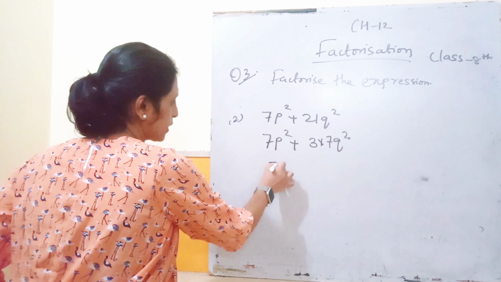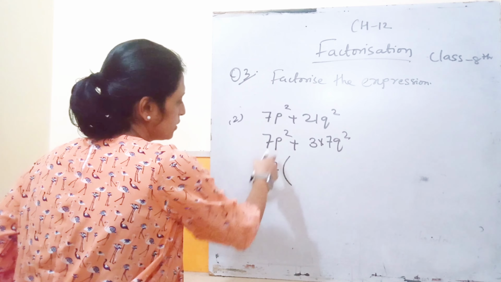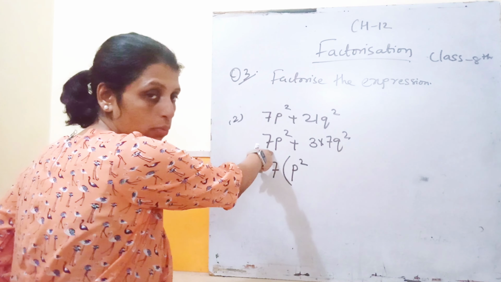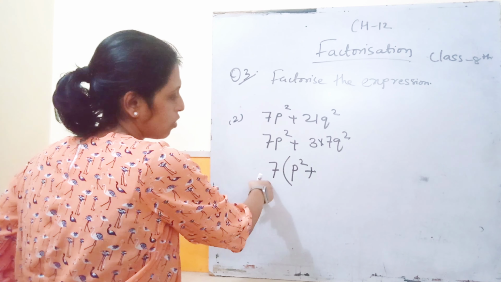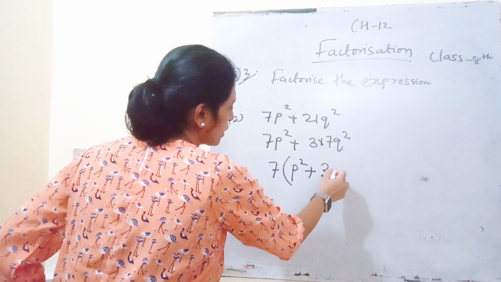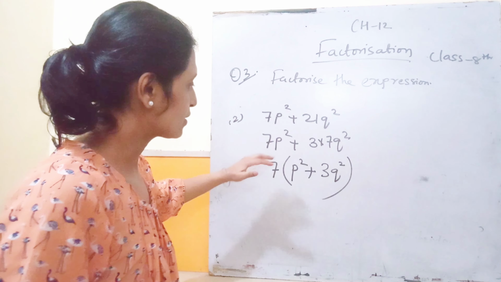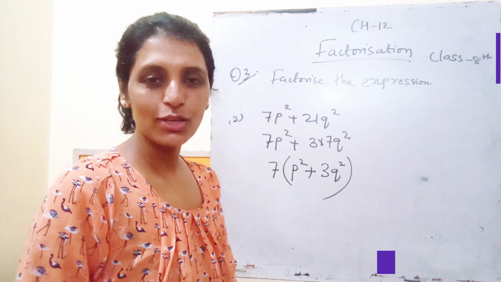So we can take 7 common, and what is left inside? Here the 7 is taken common, so we are left with p square in the first term plus, this 7 is taken as common, so we are left with 3q square. So the factorization of this expression is 7 multiplied by p square plus 3q square.